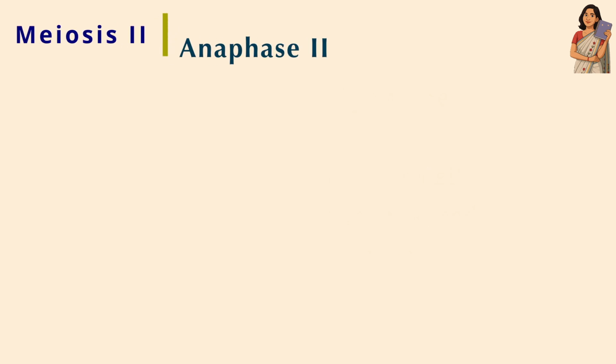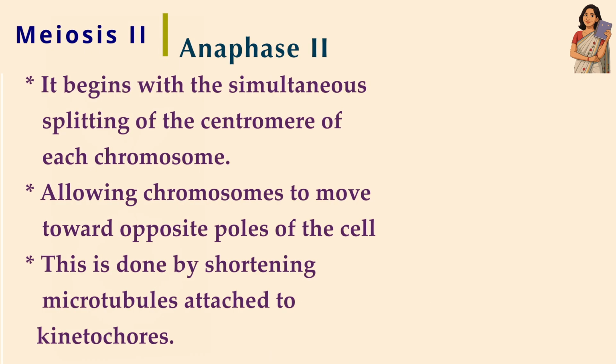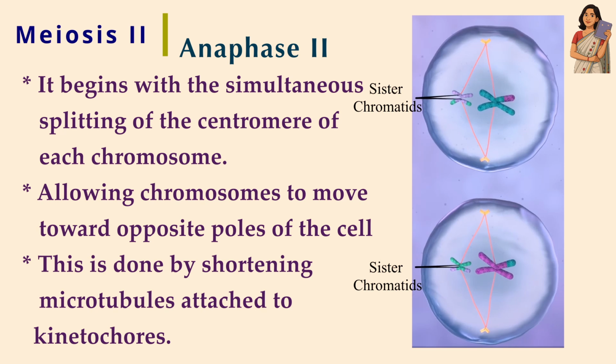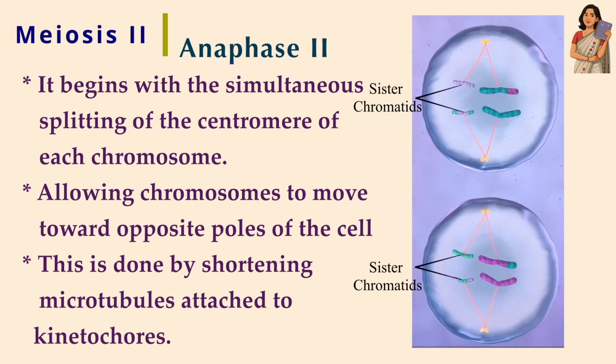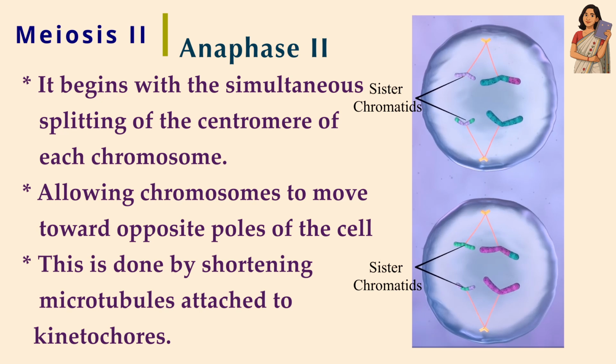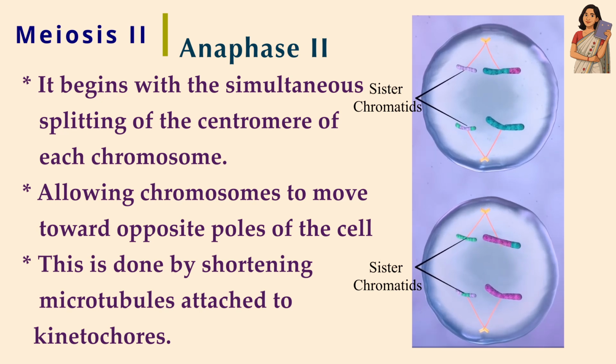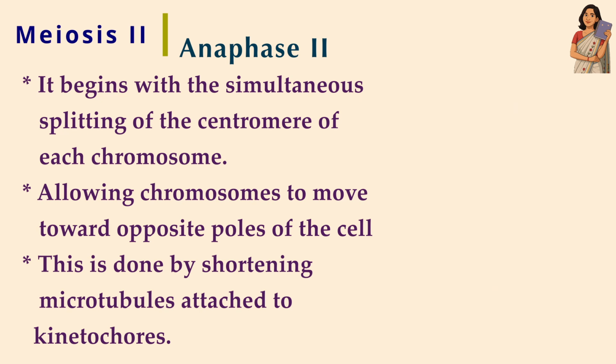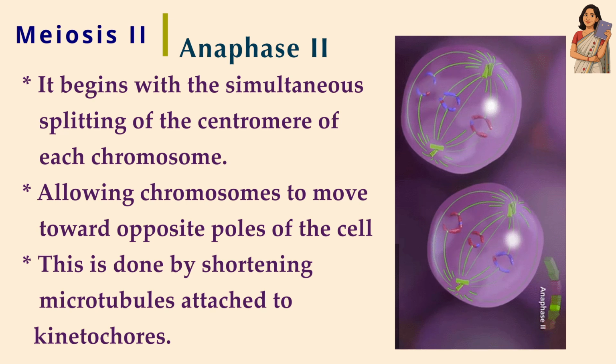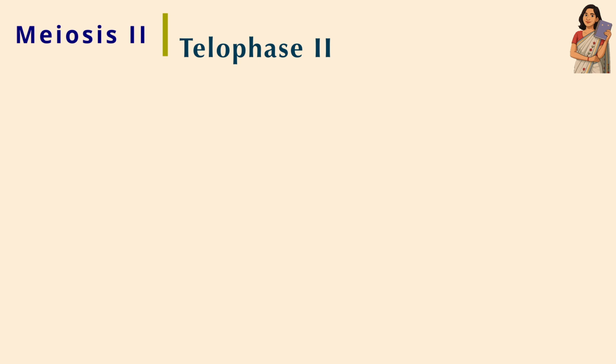Anaphase 2. This phase results in splitting of the centromere of each chromosome. Parallelly, this allows the chromosomes to move to their opposite pole regions by shortening the microtubules which are attached to the kinetochore. The last phase is telophase 2.